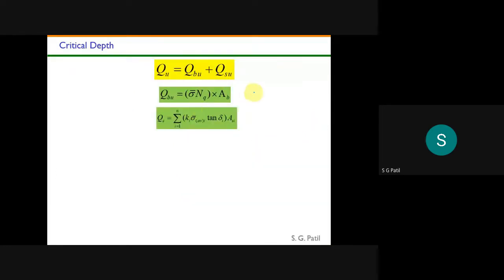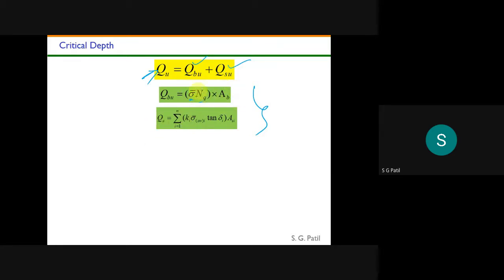So these two are the final formulas to calculate the load carrying capacity of the pile. Okay, so QU is nothing but base resistance plus shaft resistance. QBU is nothing but sigma bar, that is your vertical stress, times NQ multiplied by the base area.